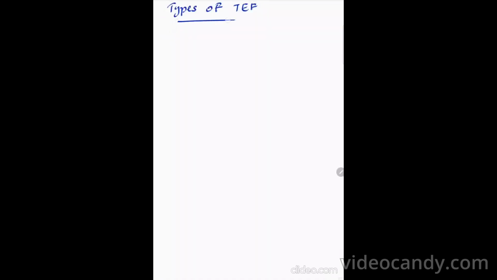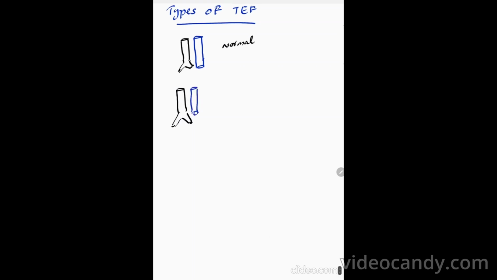Now let us see the types of tracheoesophageal fistula. Here is the esophagus I'm drawing, and here we have the trachea. This is normal. Next, here is the trachea and here we have the esophagus, and the condition is like this.